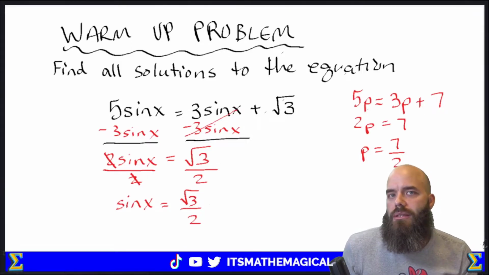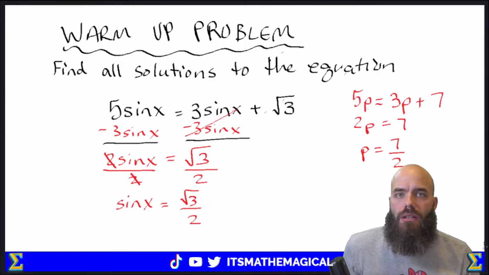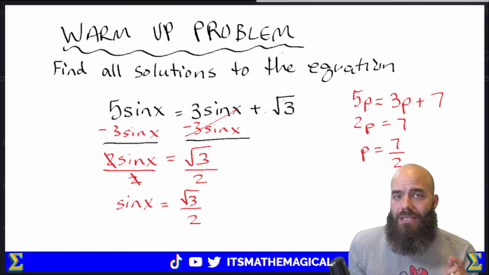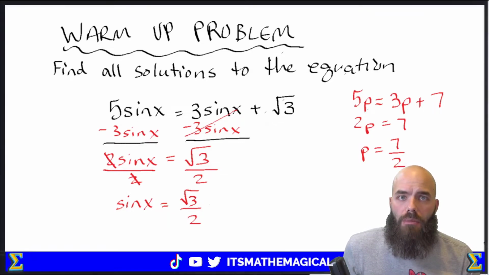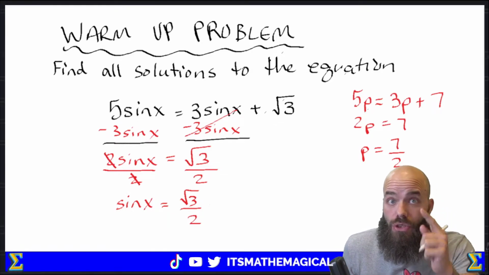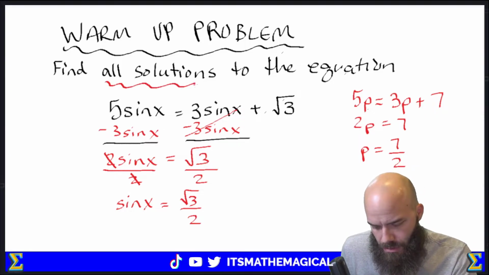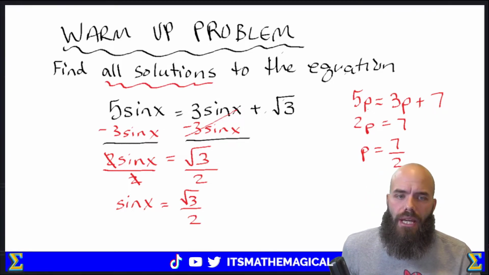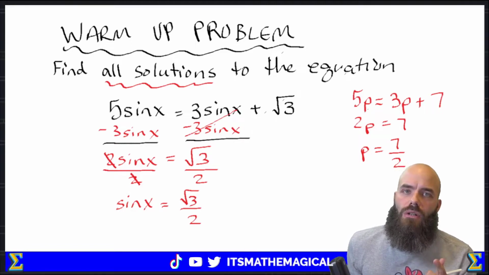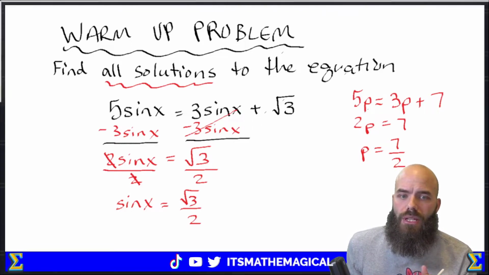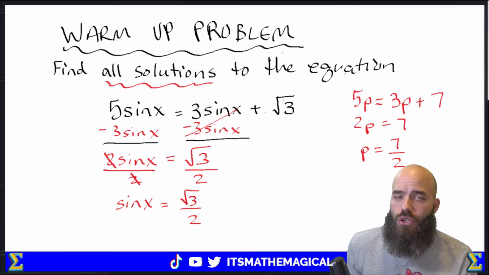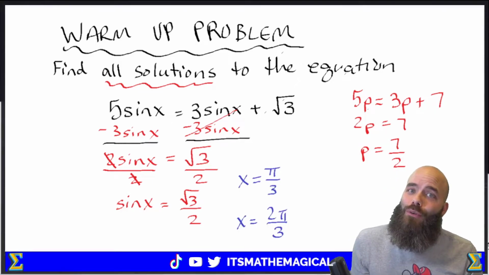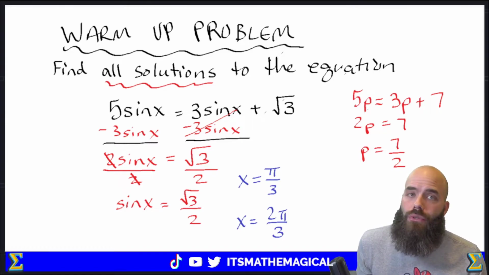Now, you do have to be very careful with trigonometric equations. This particular problem is asking me to find all solutions. So let me explain what that means. Well, we just talked about where on the unit circle the sine value is square root of 3 over 2. And those angles were pi over 3 and 2 pi over 3.